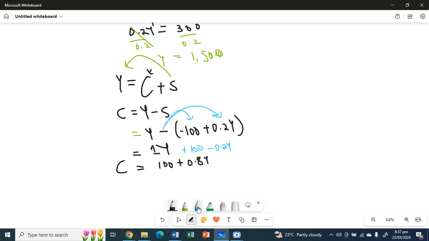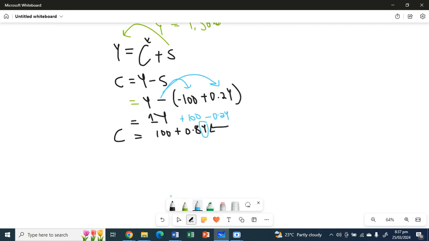So we're going to substitute 1,500 for this Y here in our consumption function. 0.8 times 1,500, you get 1,200.